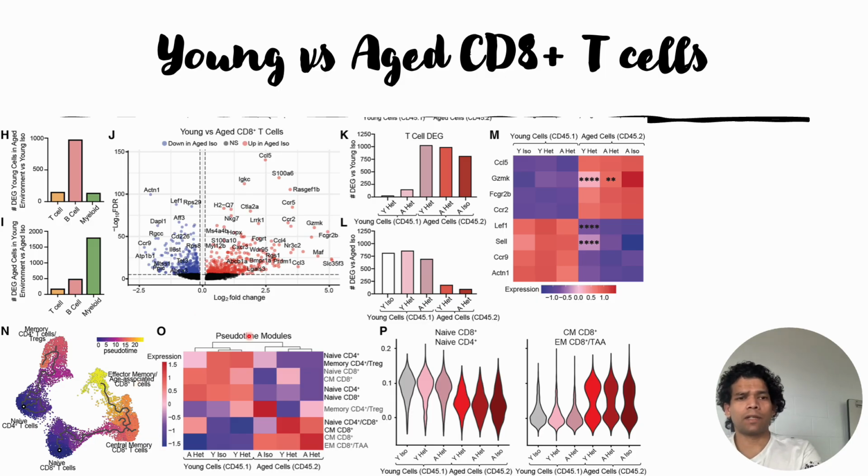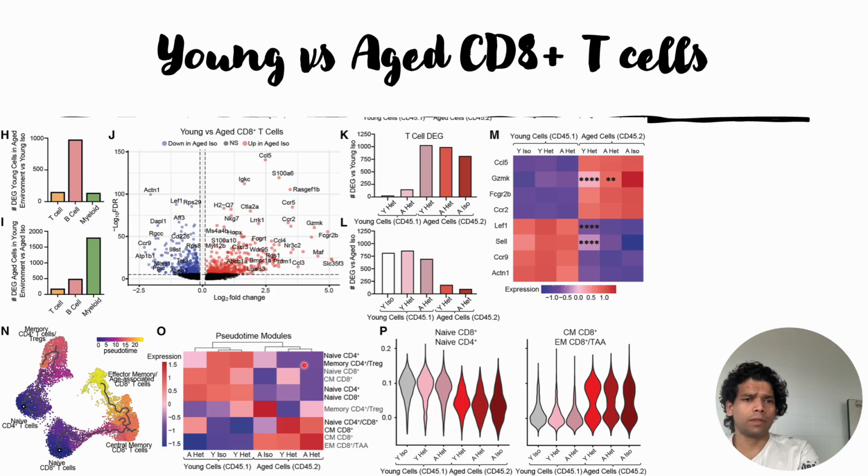This is further validated by this heat map, where we can see that the naive CD4 plus T cells go down when they move from isochronic conditions to heterochronic conditions. That can be seen there.